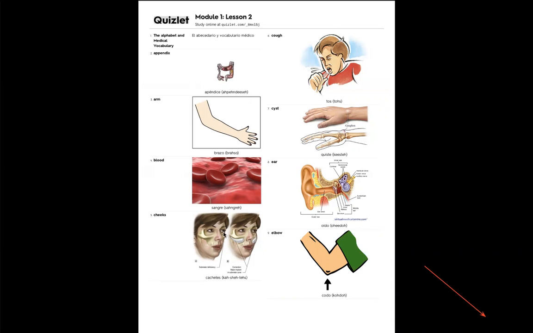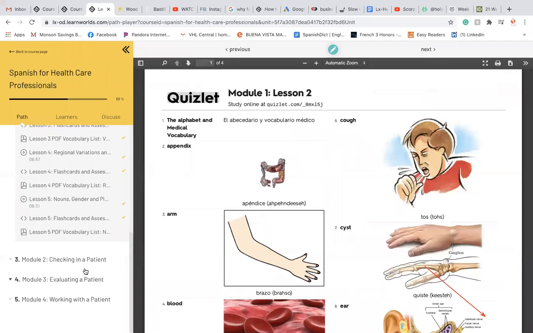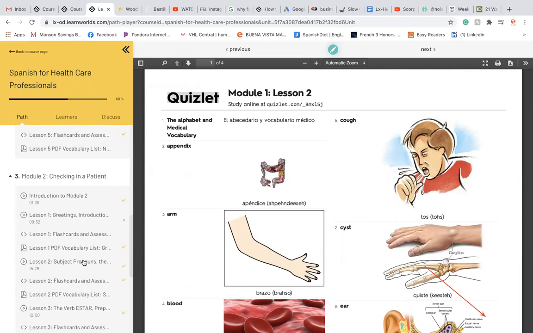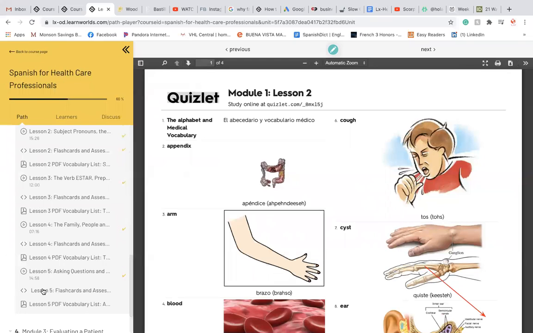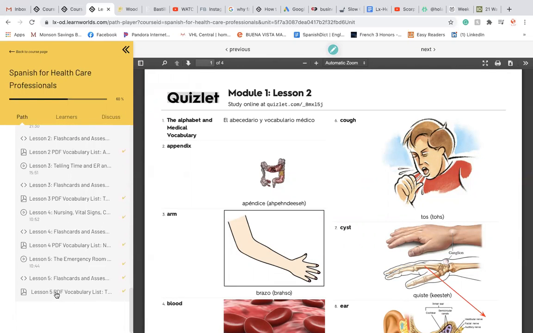These can be cut if you want them to be cut, or they can be included in a 3-ring binder to help you study. They're certainly very, very helpful. So that's how each lesson goes. And at the end of each lesson, you're going to find the PDF vocabulary lists.